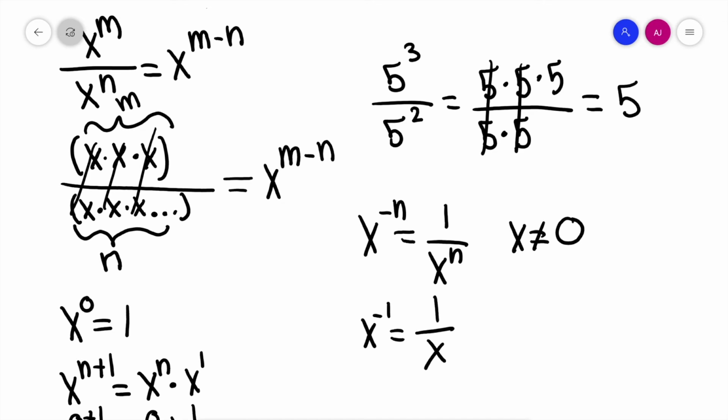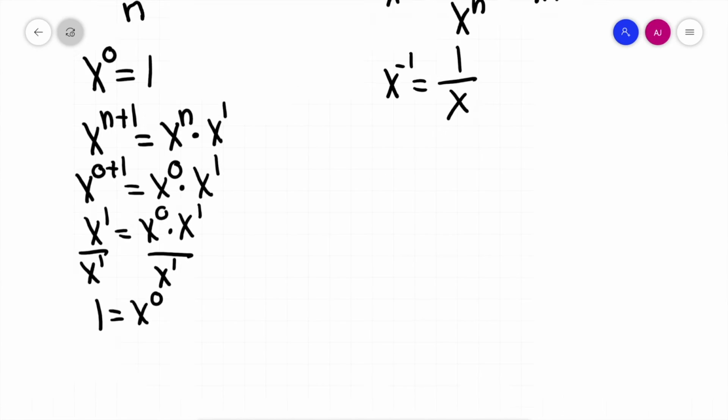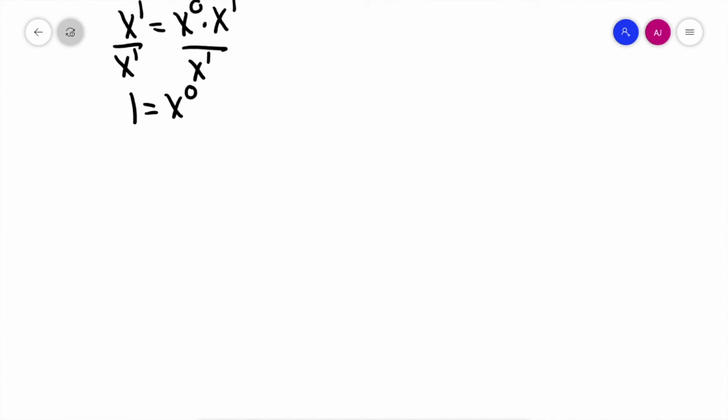And then from there, we can start to think about what happens if we're raising an exponent to an exponent. What I mean is, if you have x to the m to the n, so you have x to the m, which is an exponent, and then you raise that whole thing to another exponent of n. What does that equal? x to the m to the n is equal to x to the m times n.